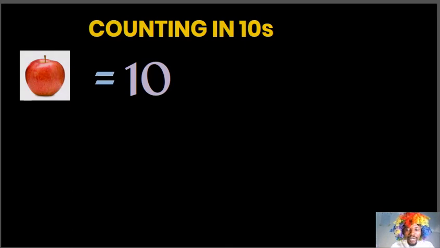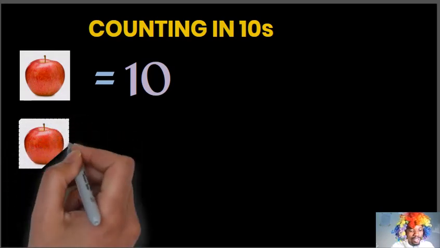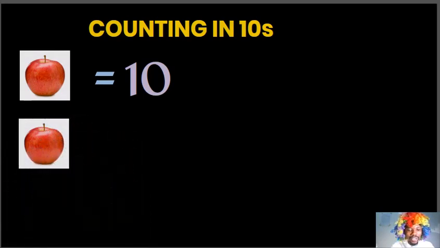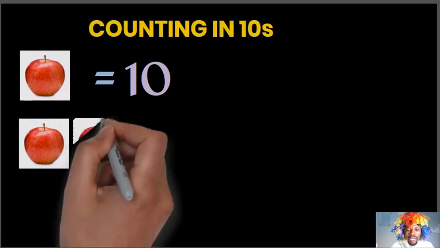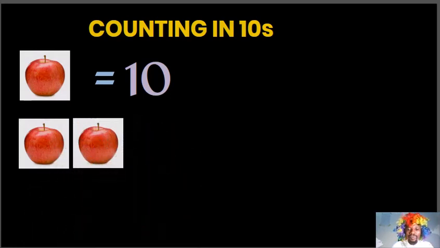Fine. Now let's get another set of apples. Let me draw this one. Okay, I can draw another apple. So these 2 apples here will be equal to what? How many tens?